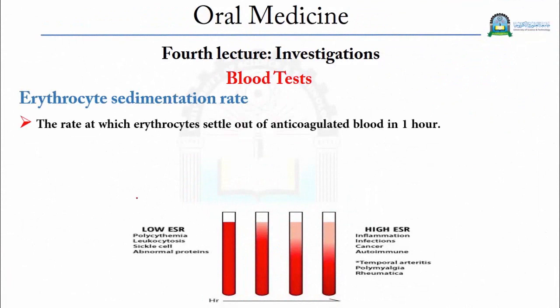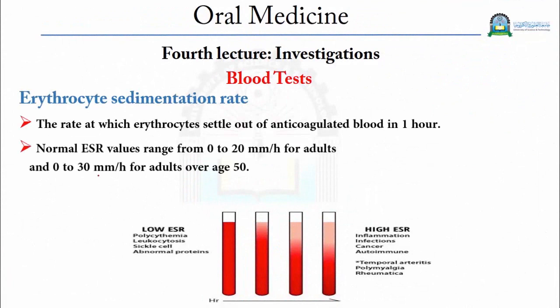Erythrocyte sedimentation rate is the rate at which the erythrocytes sediment or settle out of anticoagulated blood in 1 hour, so it is calculated by time.